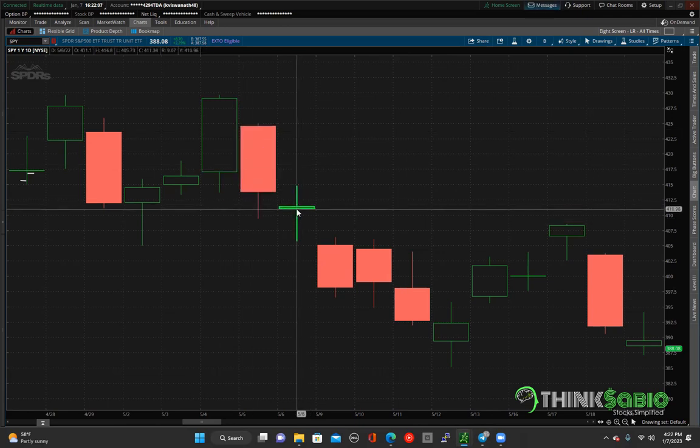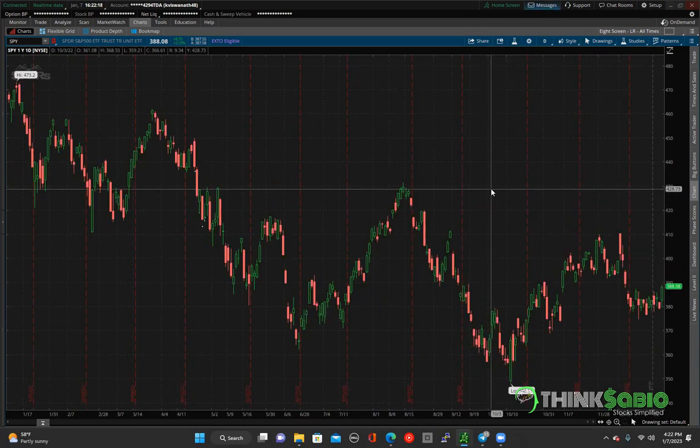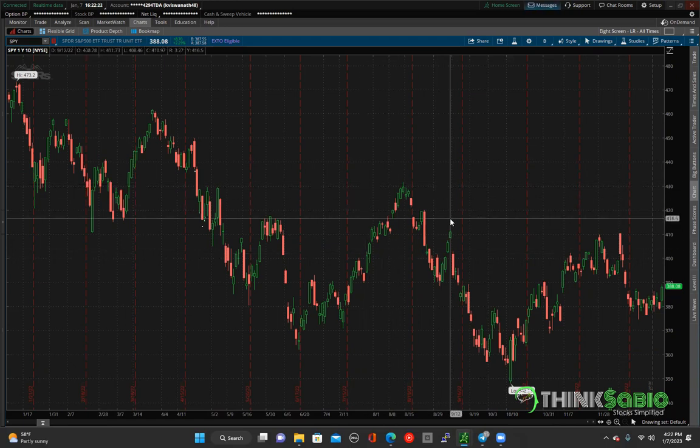If there is a doji on the downside, there were buyers, but there were also sellers, and the next day the sellers took control and the price went down, right? So this is a basic candlestick, and this is the standard candlestick that we have on any charting platform by default.